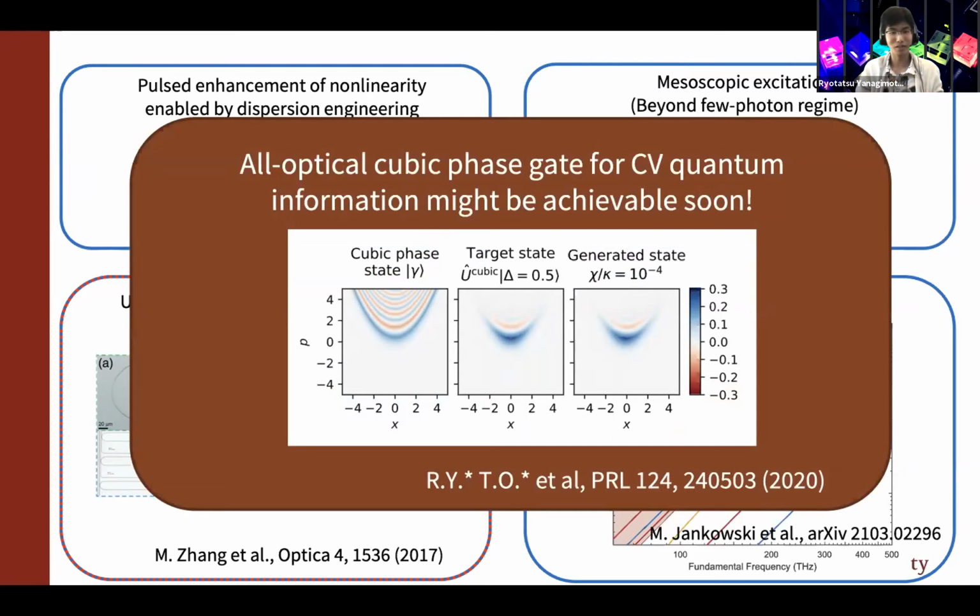What I want to point out is that, thanks to the rapid developments in experiments, we might be able to observe these highly nonlinear quantum effects in real life in an all-optical manner.